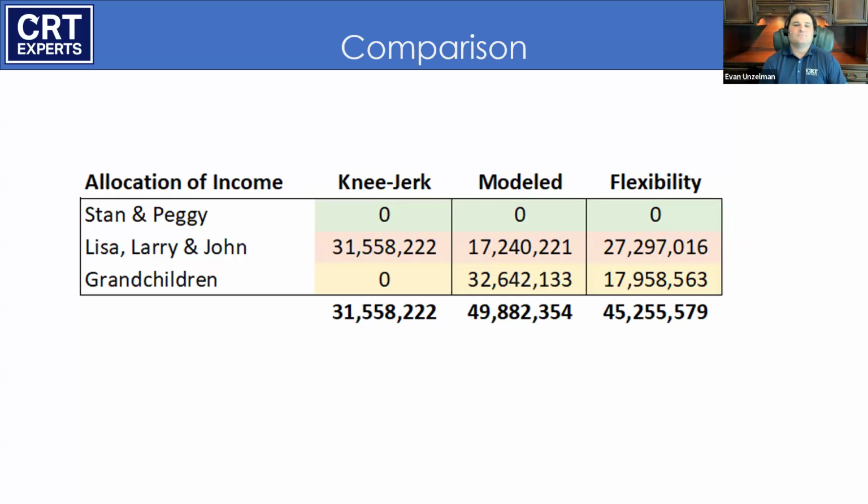So when we talk about knee-jerk status quo, it's not meant to be a negative, but we really want to think about, if the trust is irrevocable, the Service and Treasury have given us a fair amount of flexibility under 664 that we can use to truly maximize the ultimate value to the family. And that's what a properly structured CRT can do.